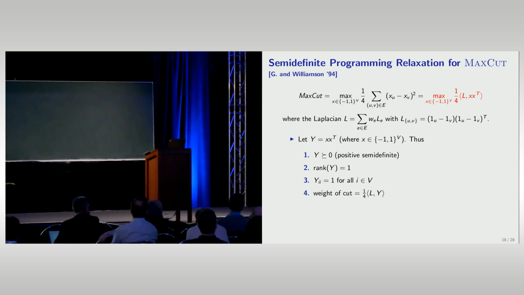You can also conveniently write this as the Laplacian times this rank 1 matrix, XX transpose, where this inner product is the inner product over symmetric matrices, the Frobenius inner product.